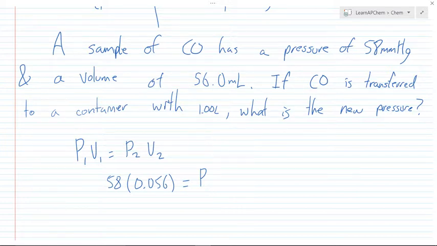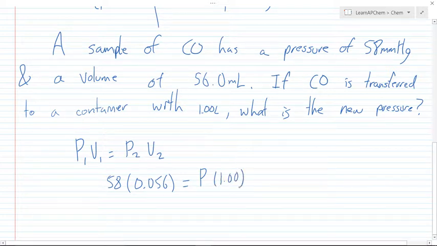So P2 we're trying to solve for, V2 is just 1.